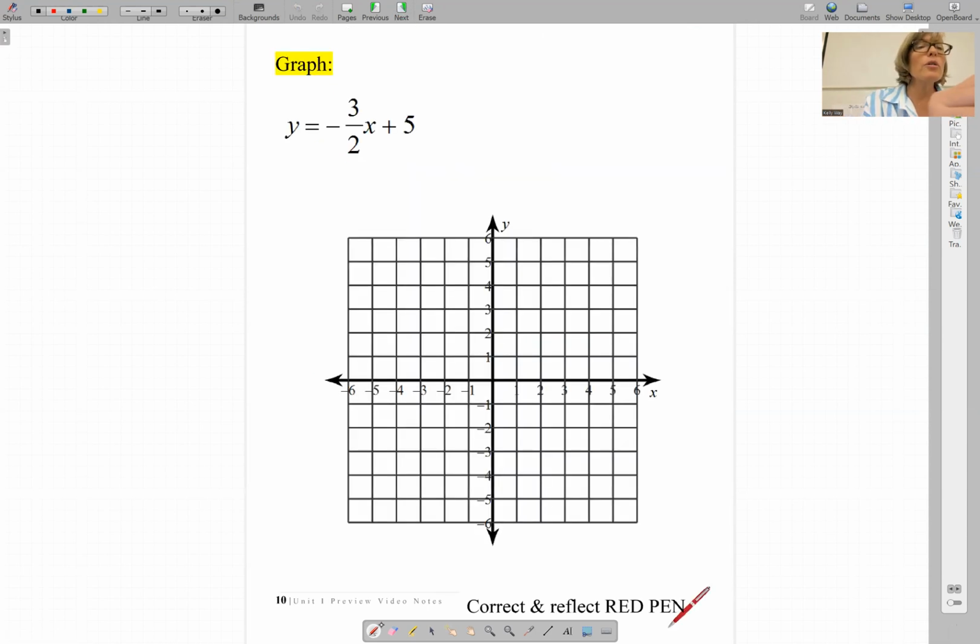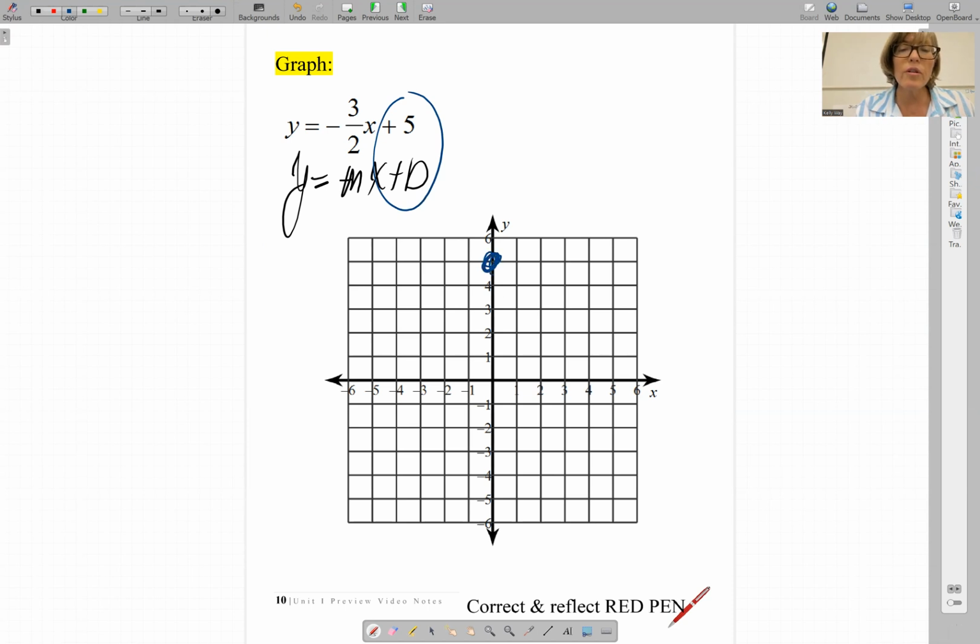This graph here, y equals mx plus b. Your b is +5. This is a negative tilting line, so it's going to go like so. My rise is 3. My run is 2. So I can do like this. 1, 2, 3. Hang a left 2: 1, 2. You're like, Miss Way, it flies off the graph.